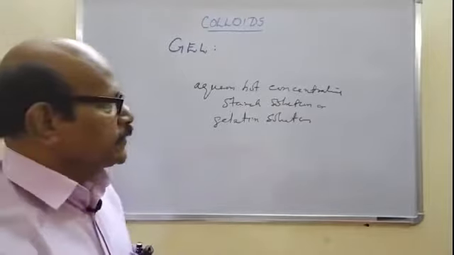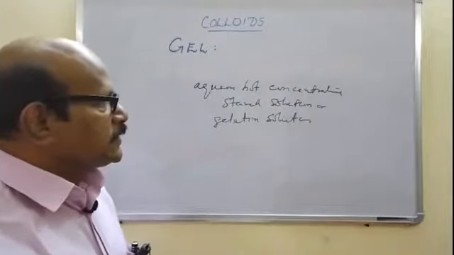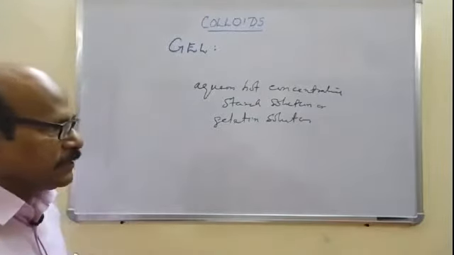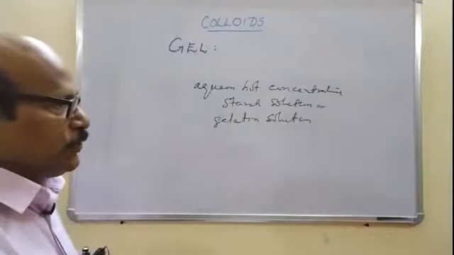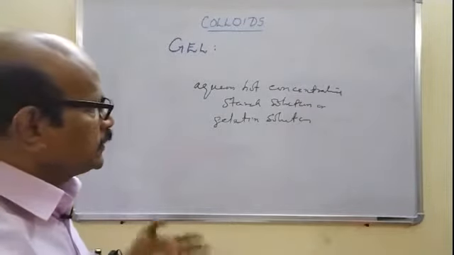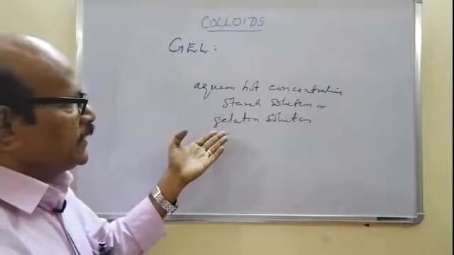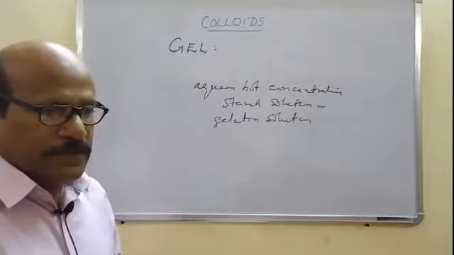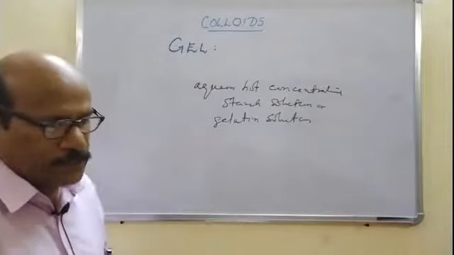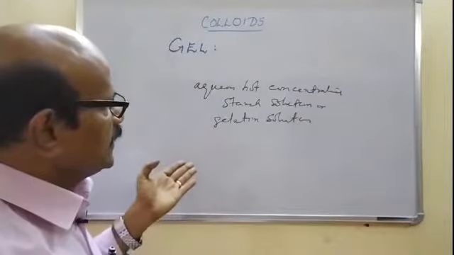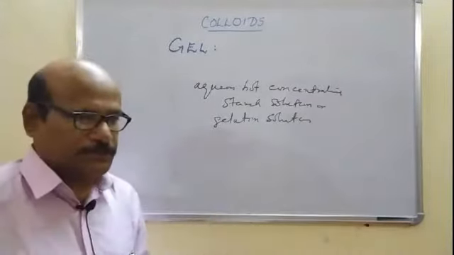When an aqueous hot concentrated starch solution, a lyophilic sol, is slowly cooled, it will result in the formation of a gel. Similarly, when a hot concentrated gelatin solution is cooled, it will result in a semi-jelly-like structure.